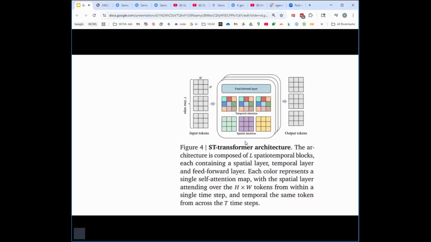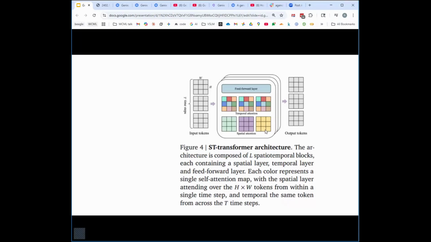So it's a little different than in a language model where you have one attention layer and then one feed forward layer. In this case, you have one that's within the image, and then the other's the same position in the image, but through time. And I think we'd seen some CNN type architectures that had optimized that way.